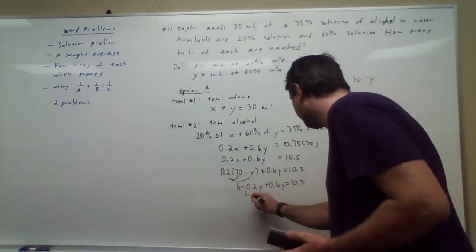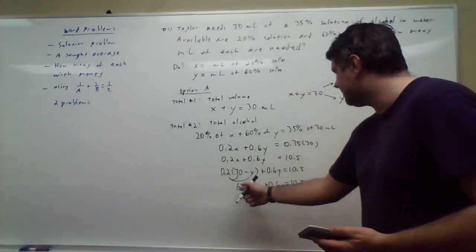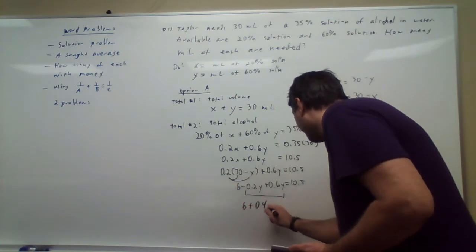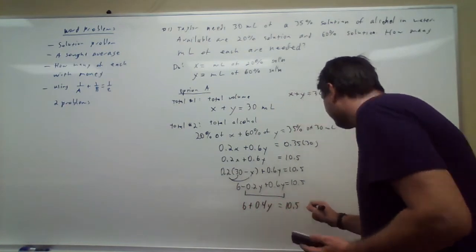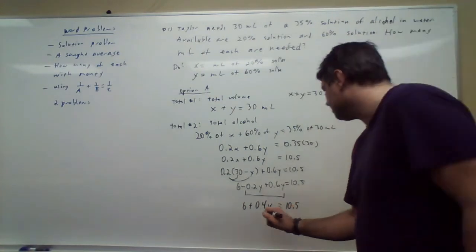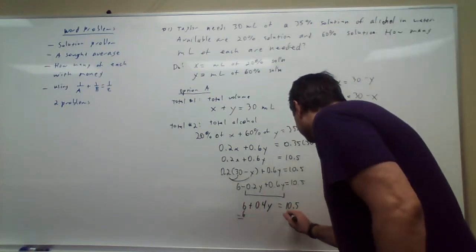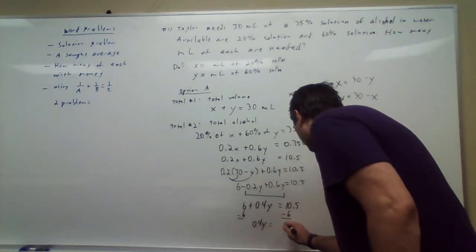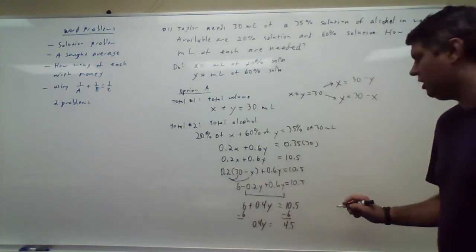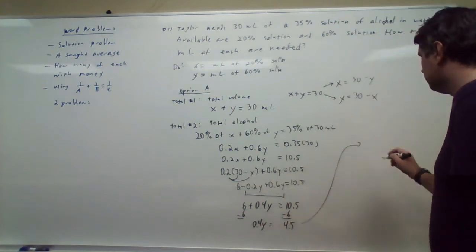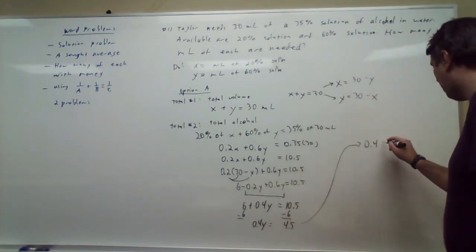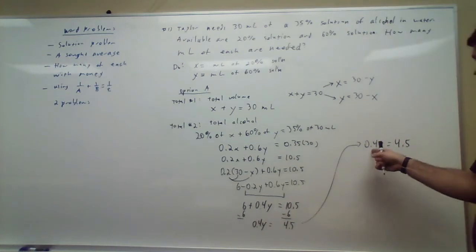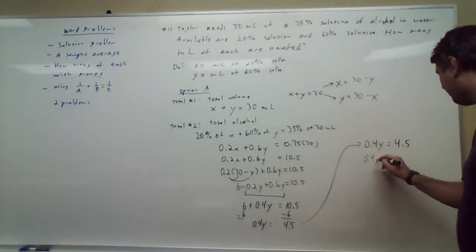These two combine into 6 plus 0.4Y equals 10.5. Okay, subtract the 6. 0.4Y equals 4.5. Let me finish the problem over here. 0.4Y equals 4.5. Now, if I wanted to undo this multiplication by 0.4, I simply divide that 0.4 off.